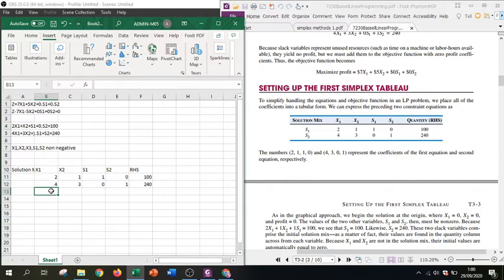Okay, we can add the coefficients of the objective function in this row: 7, 5, 0, 0.